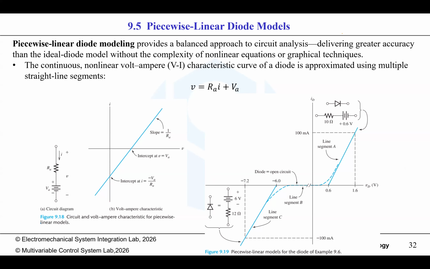Suppose this is a VI curve of a Zener diode. You see this is forward bias, and here it is forward bias. So this segment A is forward bias, and segment C is reverse bias.